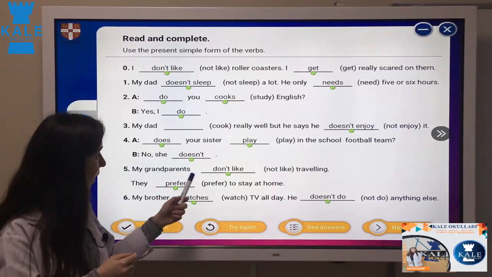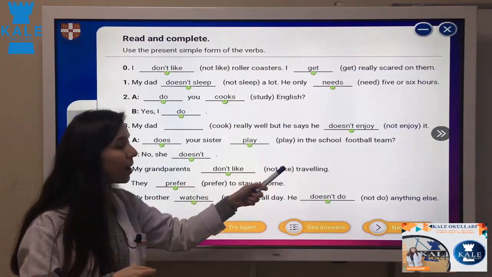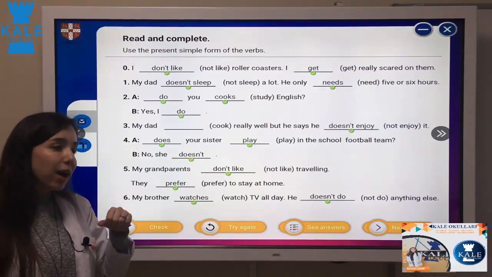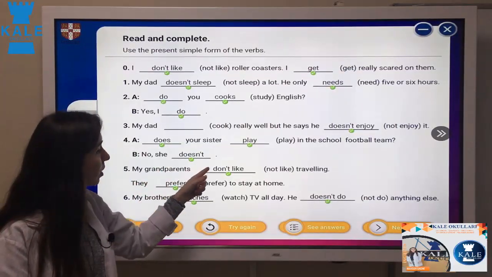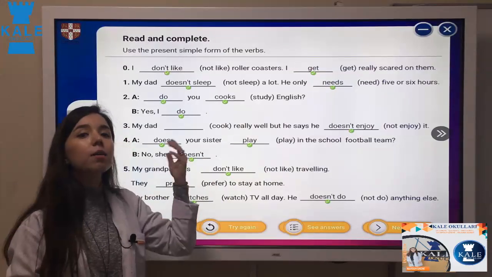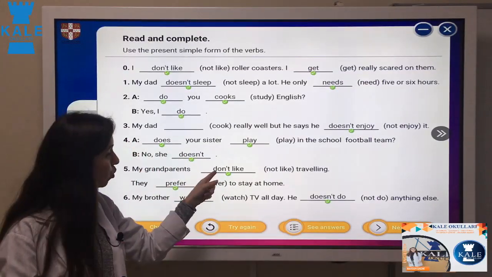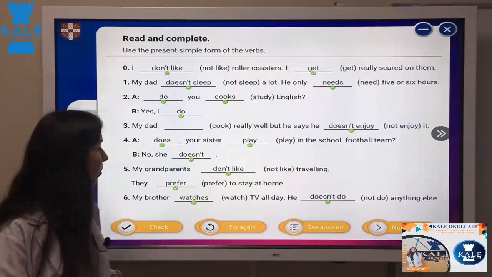Because there are two people, we use don't like traveling. But if there is just my grandfather or grandmother, we are going to say my grandmother doesn't like traveling. My grandfather doesn't like. But because here there are two people, we use don't plus our verb.